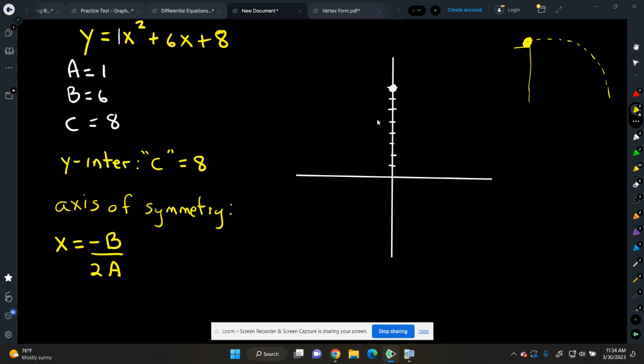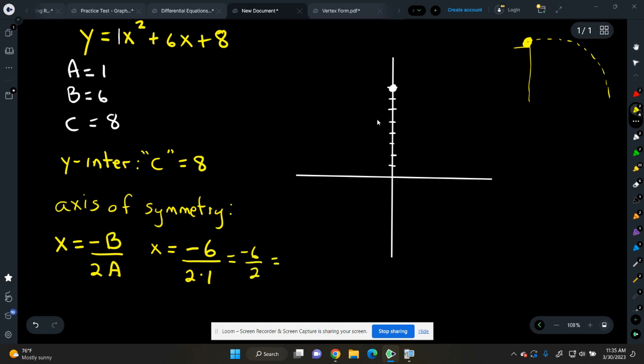So, in this problem, what's b? 6. So it's going to be negative 6 over 2 times a, which is 1. So we get negative 6 over 2, which equals negative 3. So my axis of symmetry is x equals negative 3.